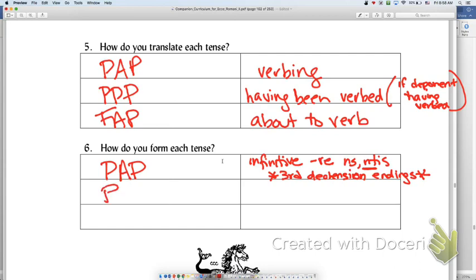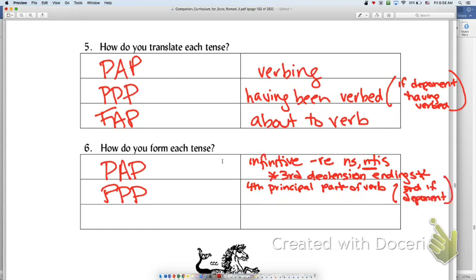Okay, then you have the PPP, which is the fourth principal part of the verb, or the third part if it's deponent.